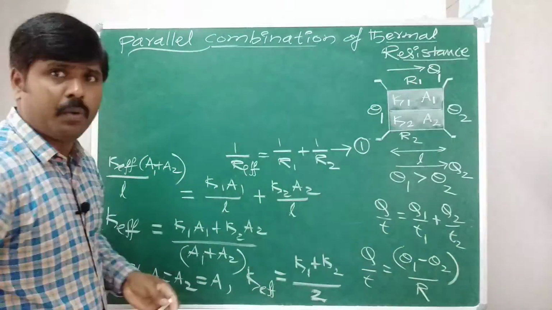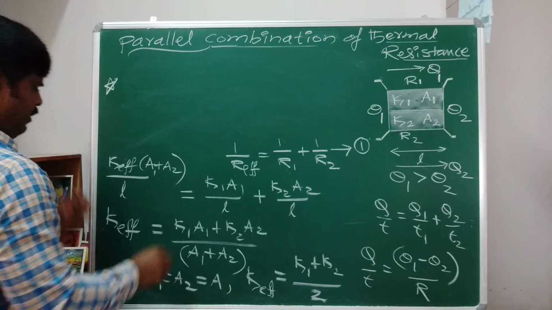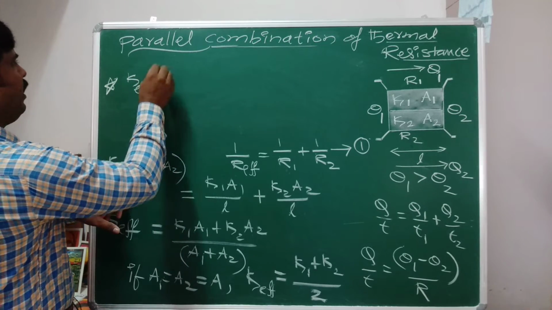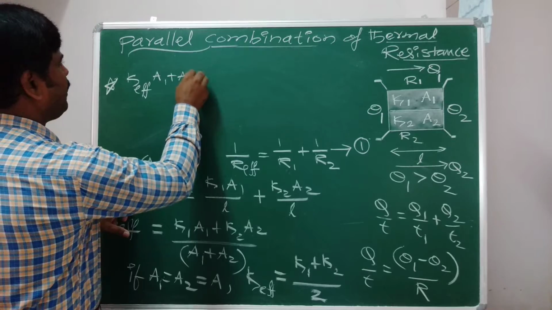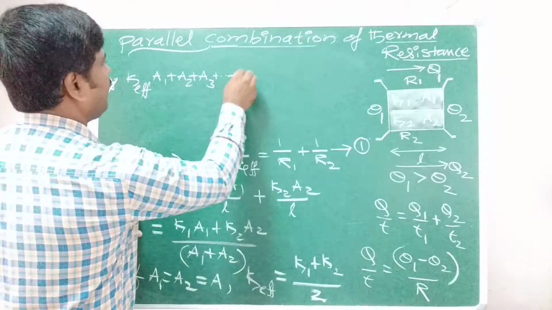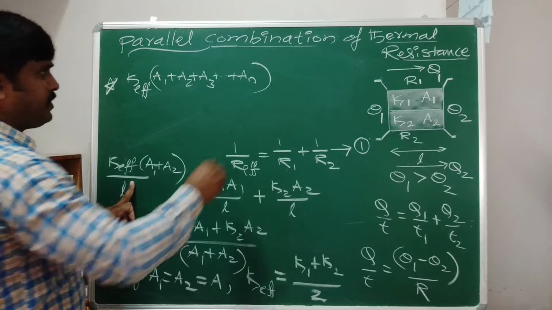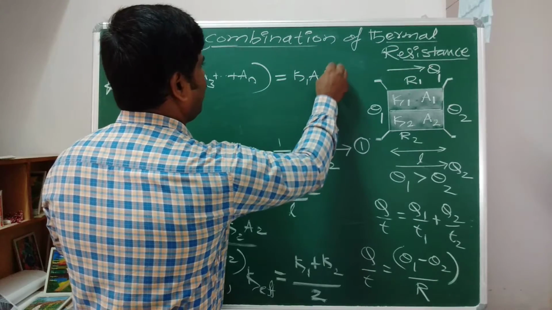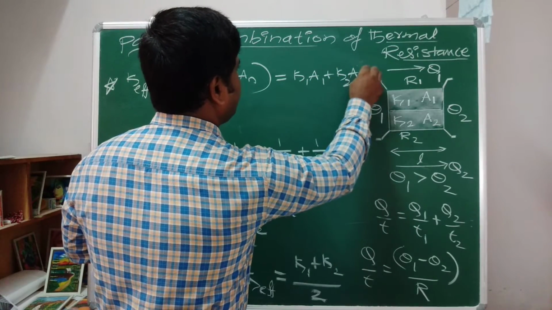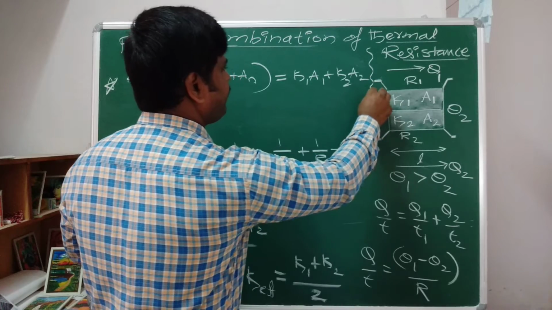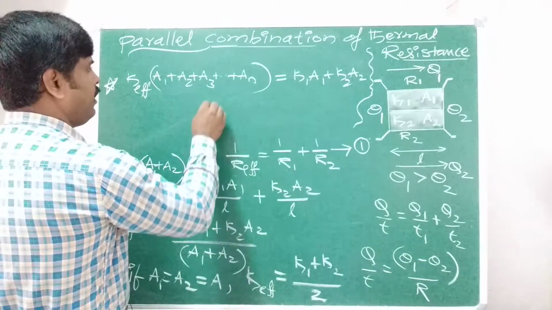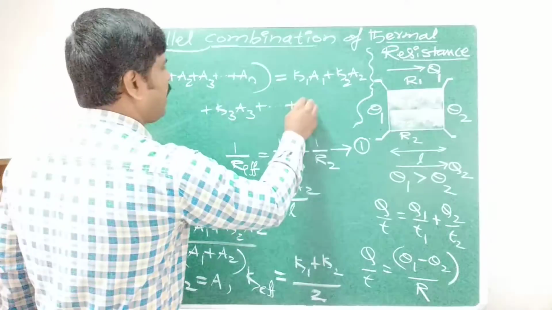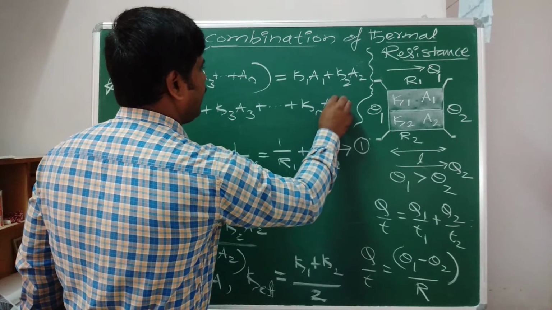Based on this formula, K effective times (A1 plus A2 plus A3 up to An) equals K1 A1 plus K2 A2 plus K3 A3 up to Kn An.